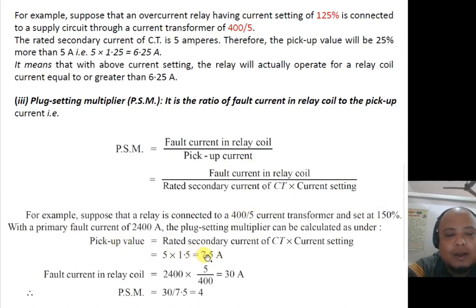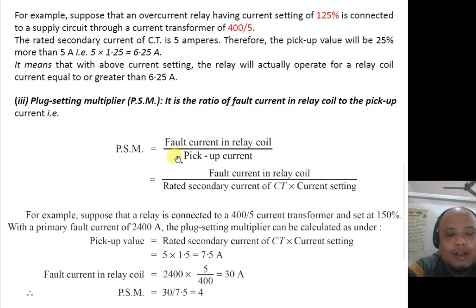Once we get this pickup value, I now need the fault current to get this ratio. Fault current in the relay coil will be the secondary current of the CT, because the primary of the CT is connected in the line, and the secondary winding is supplying the current to the relay. So the fault current in the relay is nothing but the secondary current of the CT.